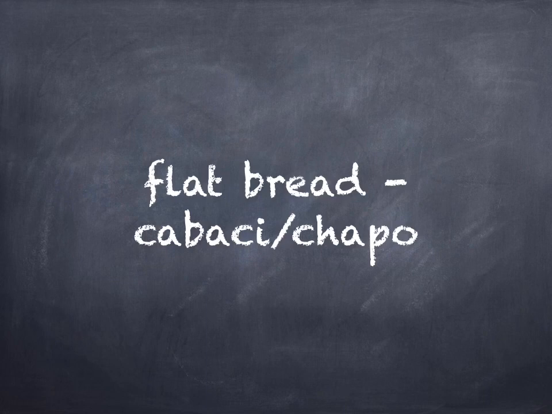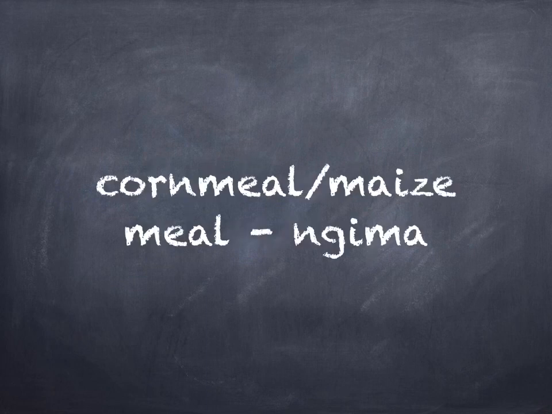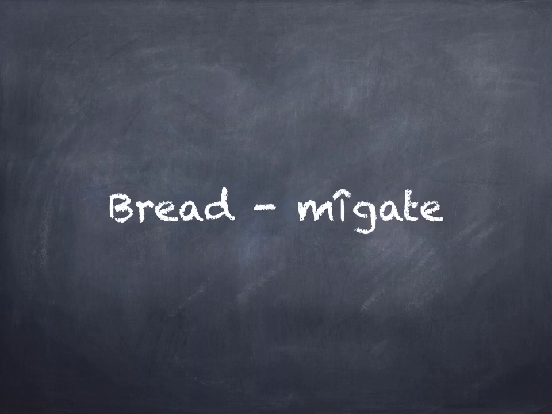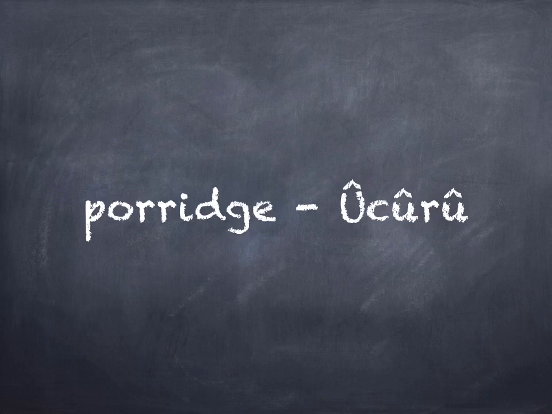Another name is sapasi. The maize meal, which is a typical Kenyan meal, known as gima. Bread, which is called mugate, and megate for plural. Porridge is osoro.